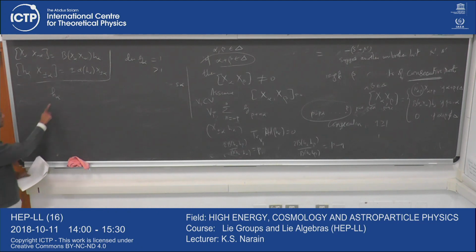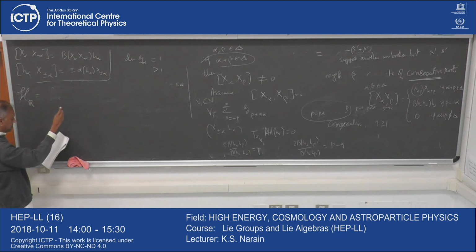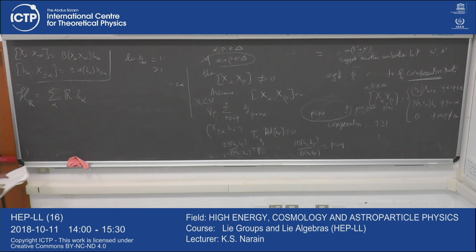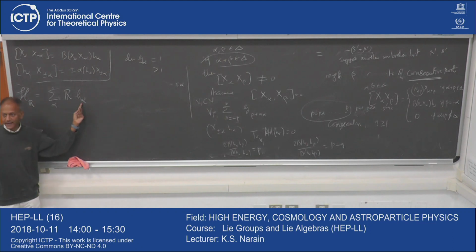Let's consider a subspace. We were using H for the Cartan subalgebra, but here it was understood to be complex. Now I will take a subspace, which I will denote by H_R, defined as simply the real numbers times H_alpha, summed over alpha. In other words, any element of this subspace can be expressed as a linear combination of H_alphas with real coefficients.